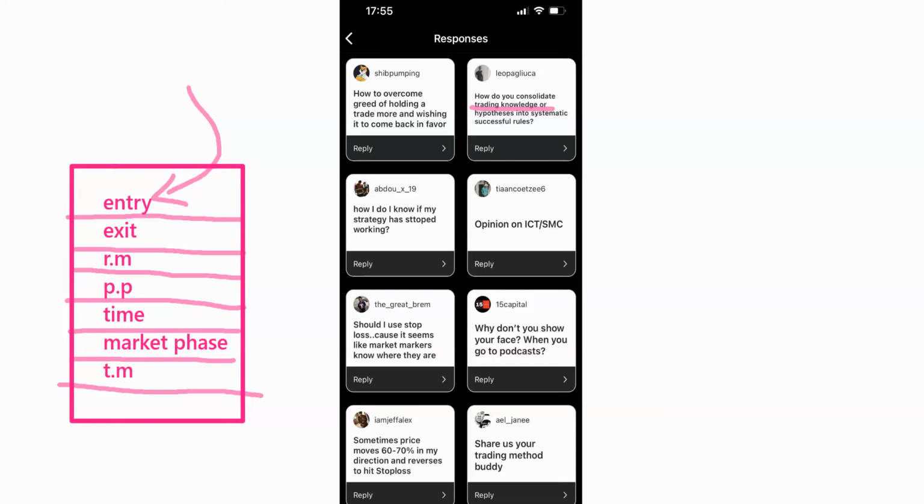Usually what it is, and let me write this out, is first of all being curious, or sorry, becoming self-aware. So seeing something in your charts and saying to yourself, I've seen this.